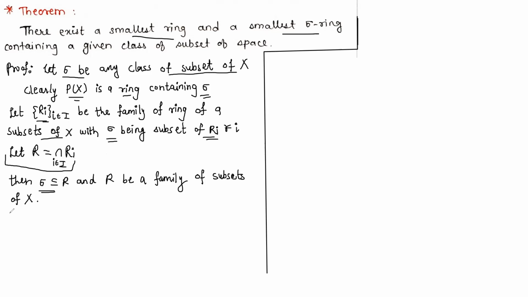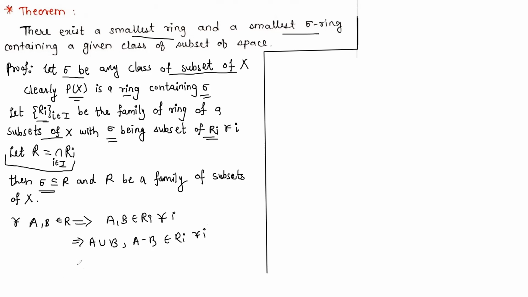And here R is a family of subsets of X. So therefore for each A, B belonging to R, we have A, B belong to R_i for each i. So this implies that A union B and A minus B both belong to R_i for each i, since R_i is a family of rings.